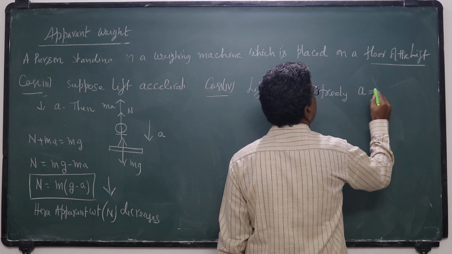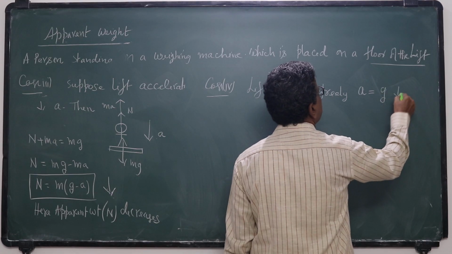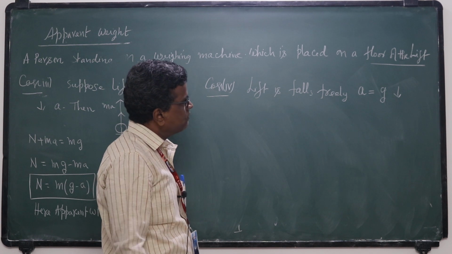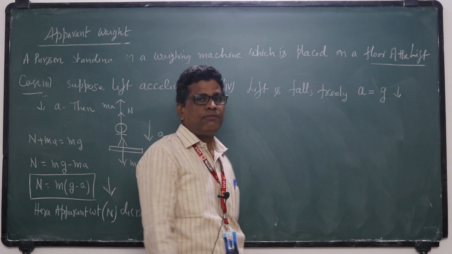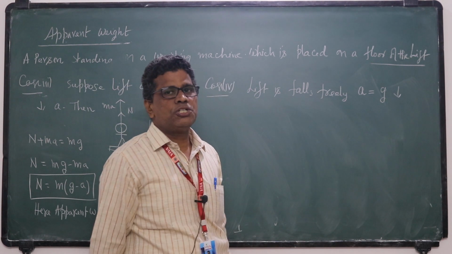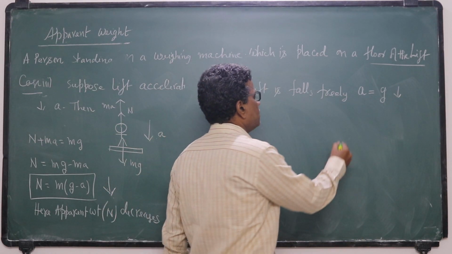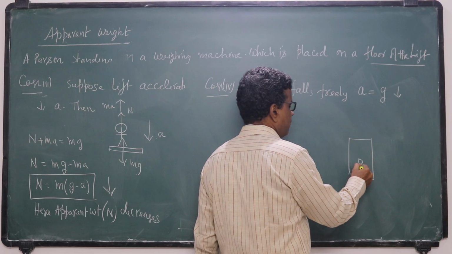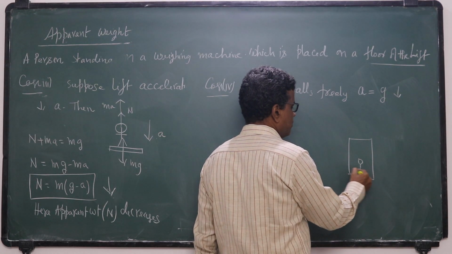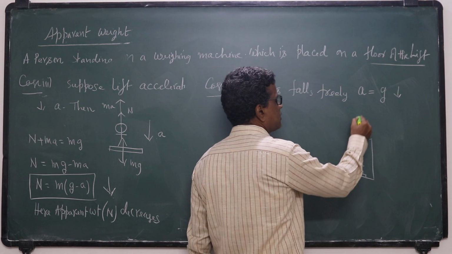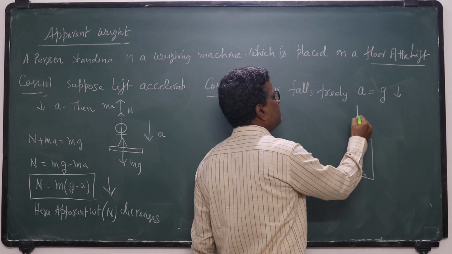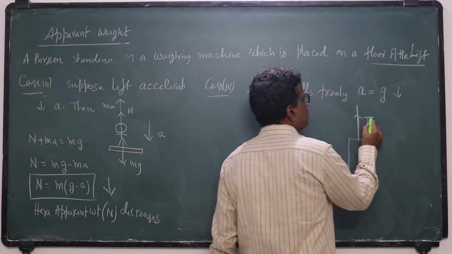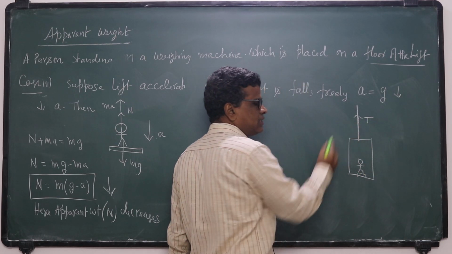That means it has acceleration equal to acceleration due to gravity. Falls freely. That means the lift is carried by strings, isn't it? So this is the lift. The person is standing on the floor of the lift. Okay, this lift is carried by the strings. That string has tension.